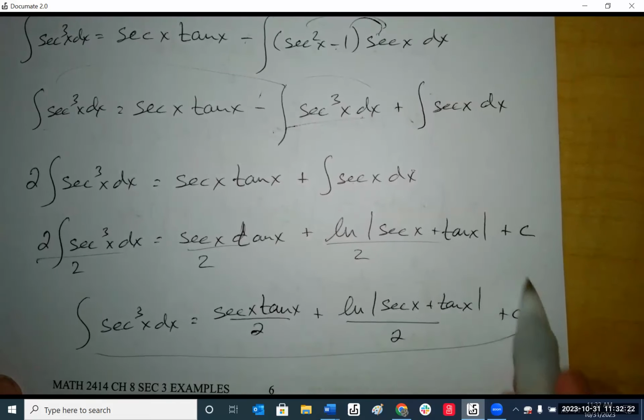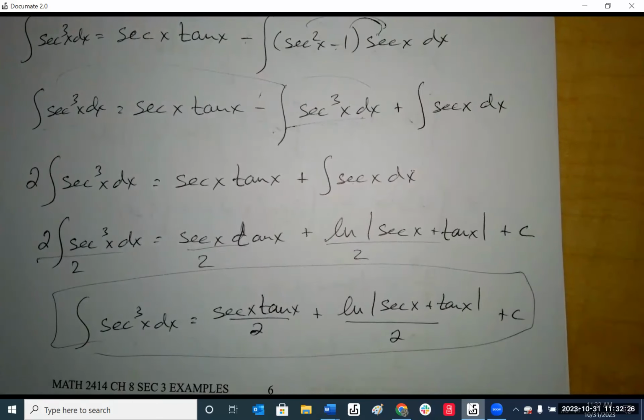And there's our answer. Okay. Looking at the sheets, we have 2 more examples left.